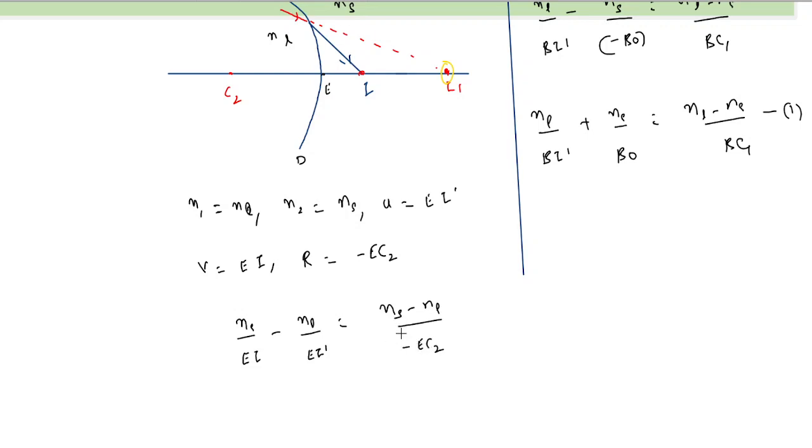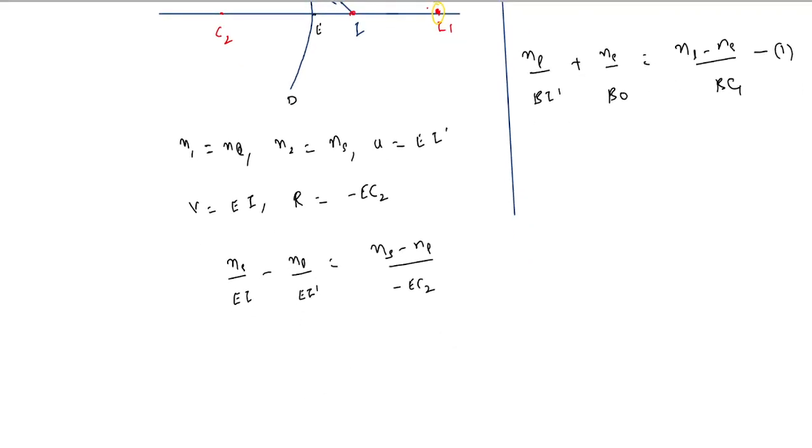If you take minus n outside from both the terms, this becomes ns by EI minus nl by EI dash is equal to nl minus ns by EC2, called as 2.